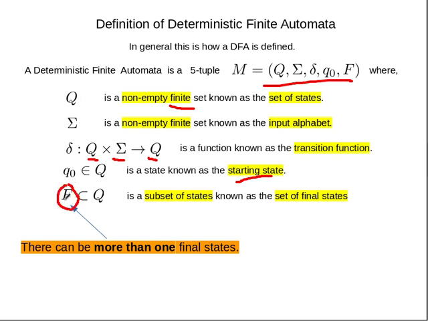So any state in this subset will be called a final state. And the crucial difference between the previous example and here is that in general there can be more than one final state. Okay. And this can be any subset. I mean, this can include Q0, this can exclude Q0, and there is no restriction on that.